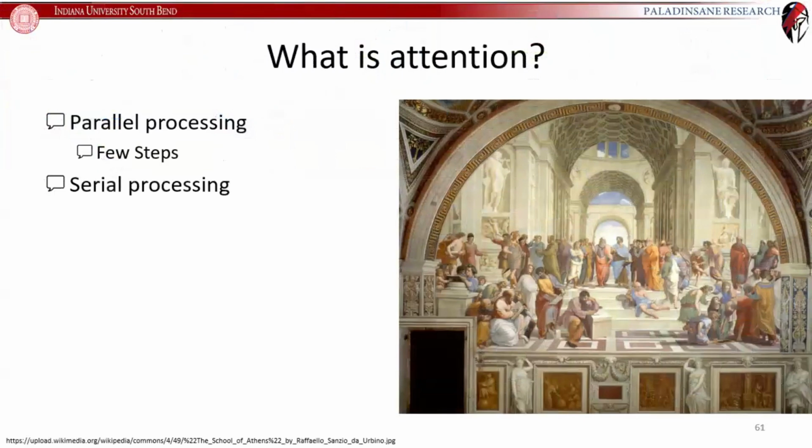A serial processor, on the other hand, it takes a lot of steps to process the same amount of information. So those same units, 16 units of information, took this serial processor 23 steps to process. So parallel got it done in 8. Serial, it took 23.